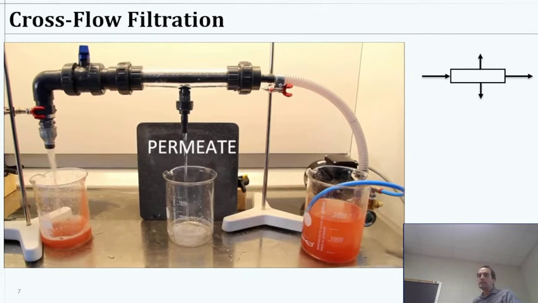Okay, so what does it look like in a lab scale for a cross-flow filtration? Well, here we have an apparatus where we have some water that we're trying to treat. So this would be our feed. Okay, so this is feeding water up through this tube, and it's coming up here, and then our membrane is housed in a cylinder here.